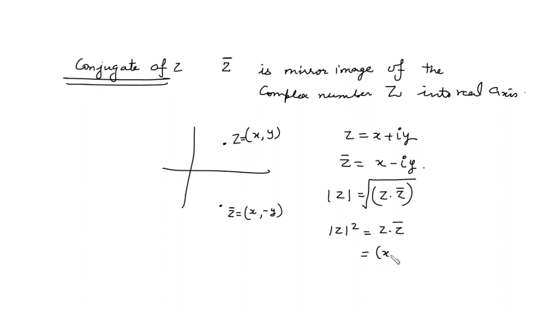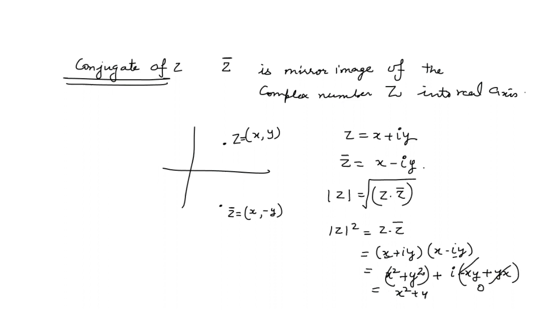So if you substitute x plus iota y into x minus iota y, and apply the product rule, what will you have? x into x is x square, plus iota y into minus iota y, minus minus plus y square, plus iota x into minus y plus y into x, which is 0. So what are we left with? We are left with x square plus y square.